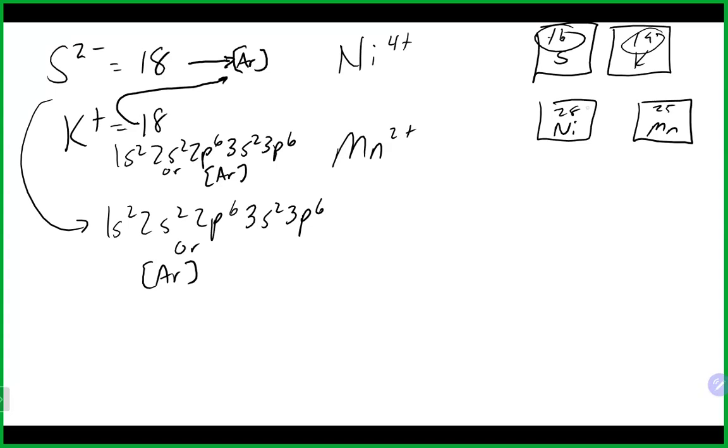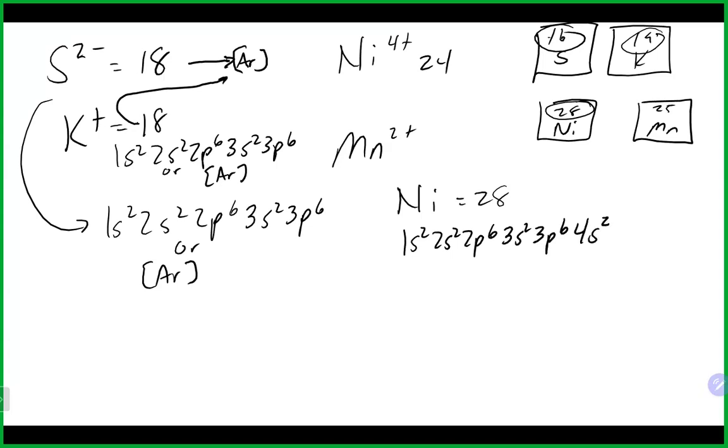Nickel with no charge is 28. With a +4 charge, it is not 28, it is 24 in this case. So I'm just going to do nickel with no charge, which is 28. Nickel with no charge is going to be 1s2, 2s2, 2p6, 3s2, 3p6. Remember, 4s2 comes next.